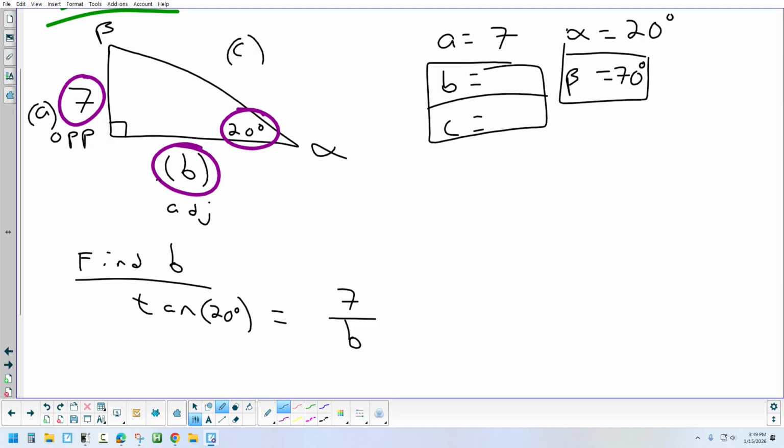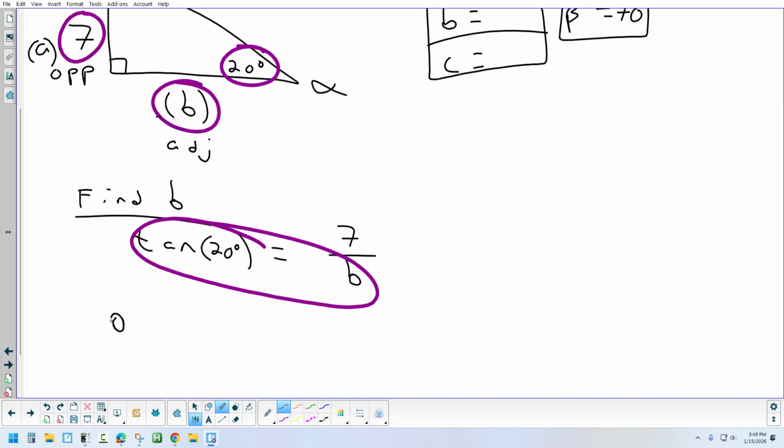Yep. Just put the B on the opposite side and swap it with the tan 20. Right, all we have to do is switch these two things. In class I explained why that works, but just switch those two. So we've got B equals 7 over tan 20.